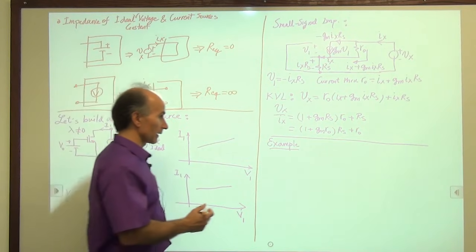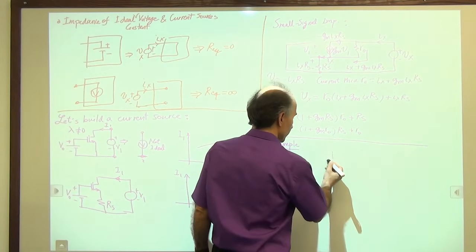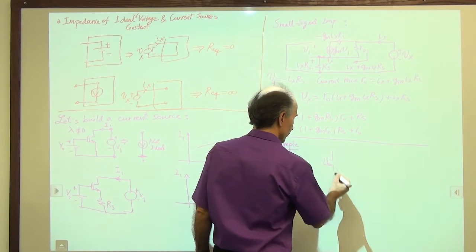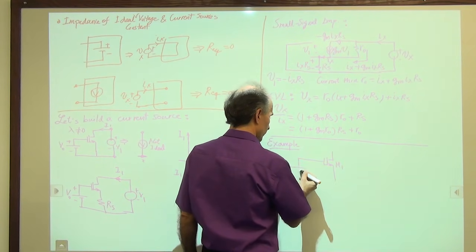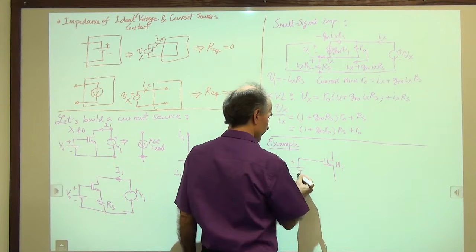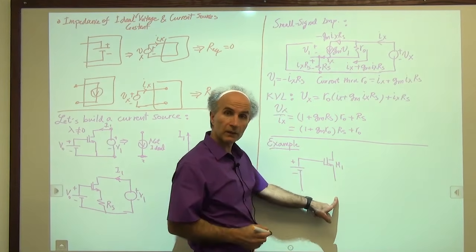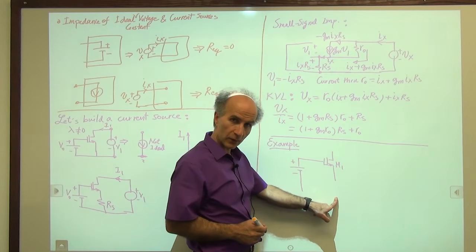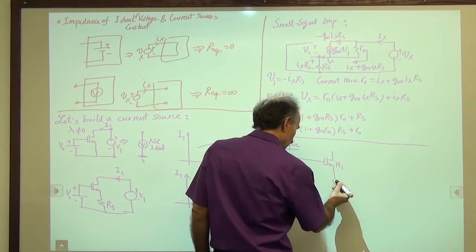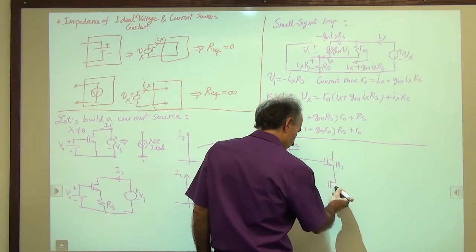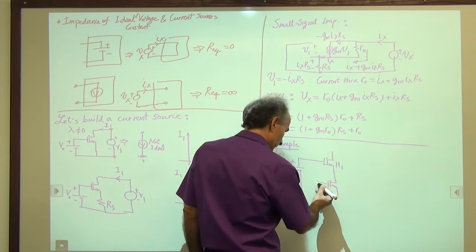So let's do that. Let's take our transistor, we'll call this M1, and we have a battery here, of course, to bias it up. But instead of a resistor, I want to have a current source. So how do I have a current source? Well, I can build a current source using another MOS device, right? Like so.